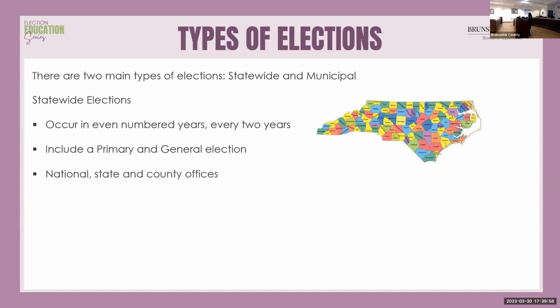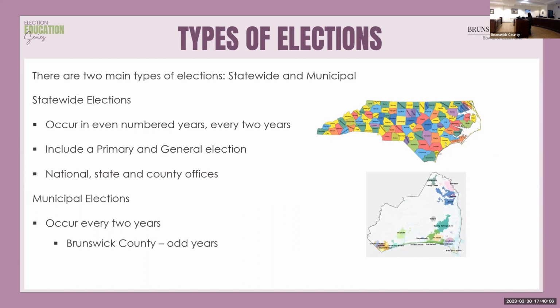The term length of each office will determine when that office is on the ballot. Municipal elections occur every 2 years, and in Brunswick County, those happen in odd number years. Municipal elections elect governing officials of cities, towns, villages, and special jurisdictions.